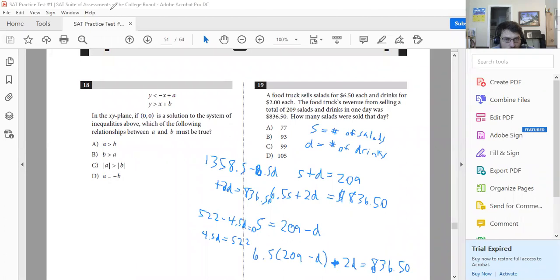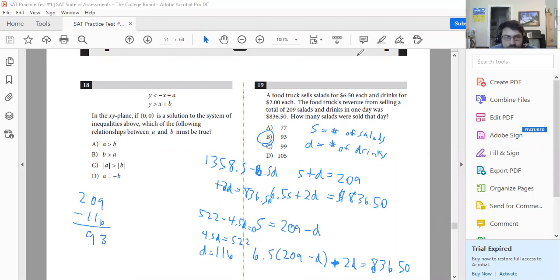Divide by 4.5. You get D equals 116. So D equals 116 drinks. 209 minus 116 will be 93 salads.